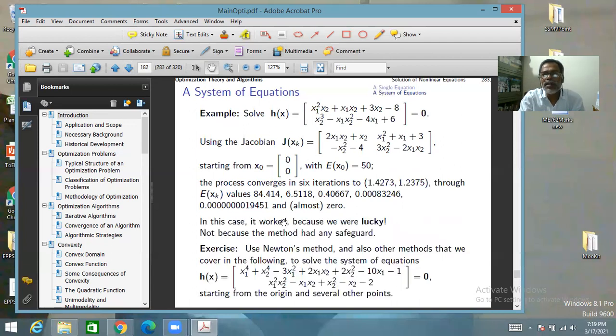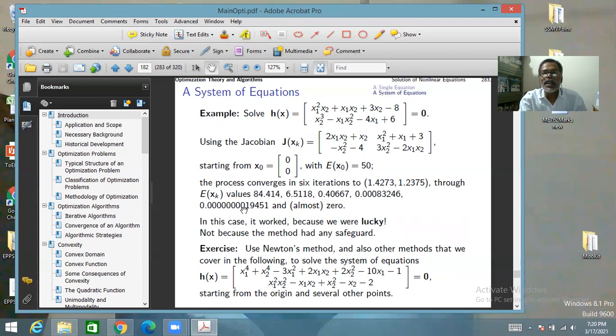In this case, it worked because we were lucky. This system was good, at least it was not too bad, and for that, 0, 0, the origin, was not too bad a starting point. If the system of equations and initial point together are quite bad, then it could have taken us anywhere.